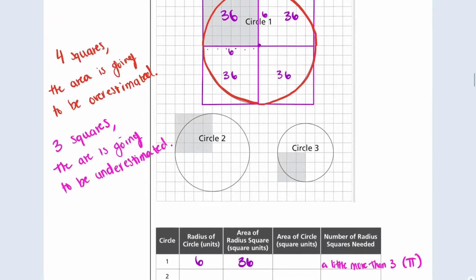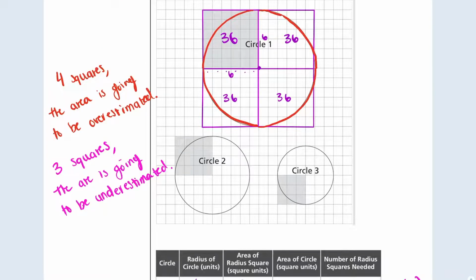So let's go ahead and find the area of the circle. I know that 1 square is 36, so I'm going to go ahead and multiply that by 3. So that's 18, 3 times 3 is 9, plus 1 is 10, so that's 108, right?